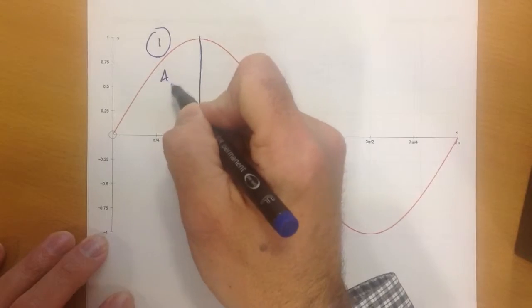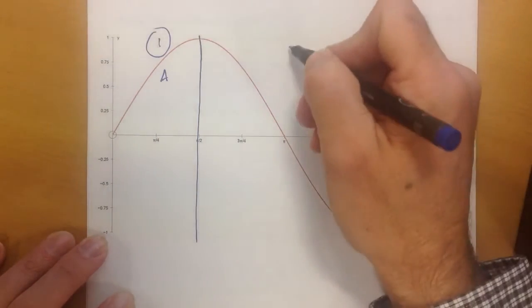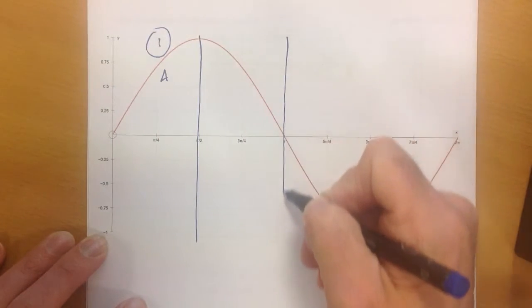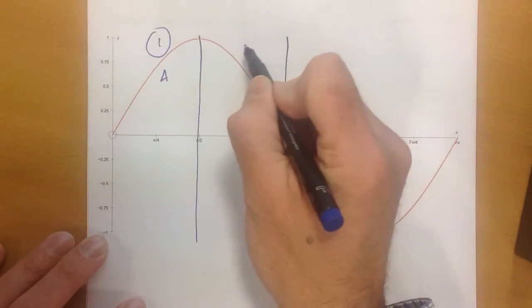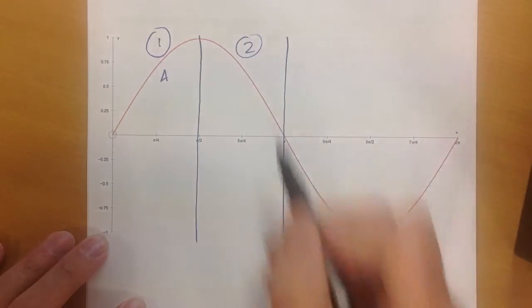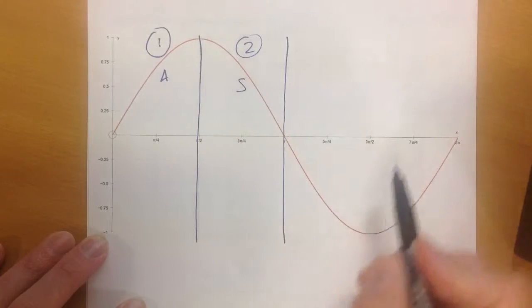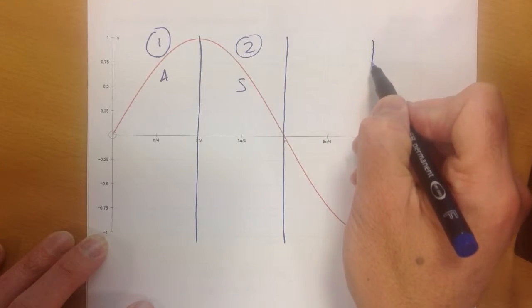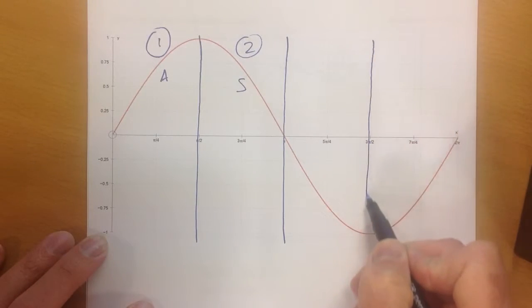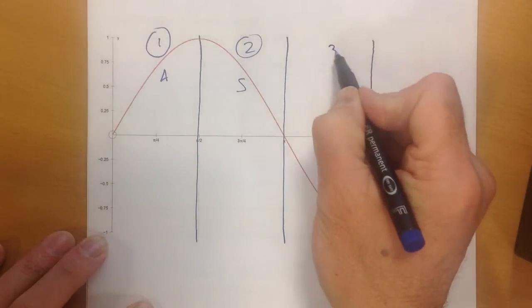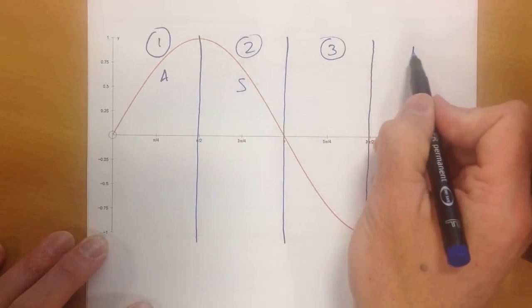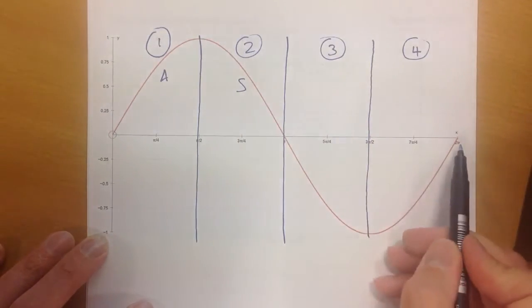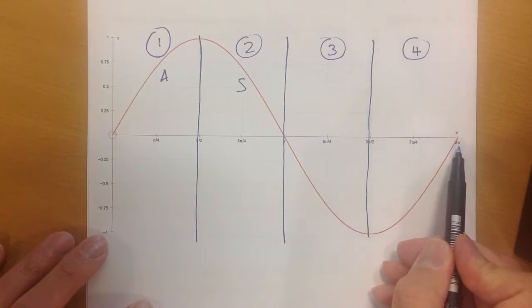So all are positive in that quadrant. This quadrant here gives me the sine quadrant, which is the second quadrant, where the sine is positive. Down here at 270 degrees, that's my third quadrant. And finally, my fourth quadrant, taking me back to 360 degrees, or in radians, 2 pi.